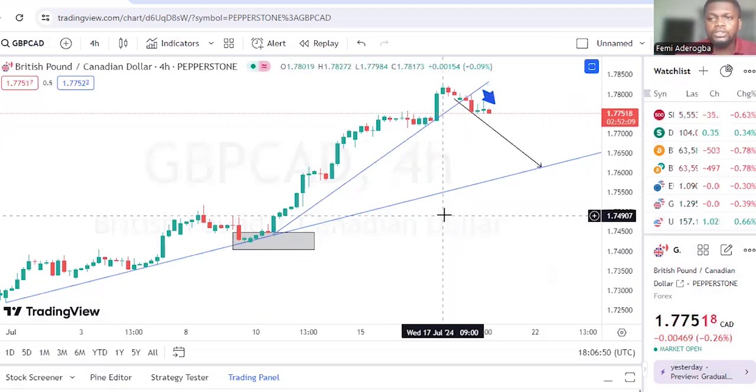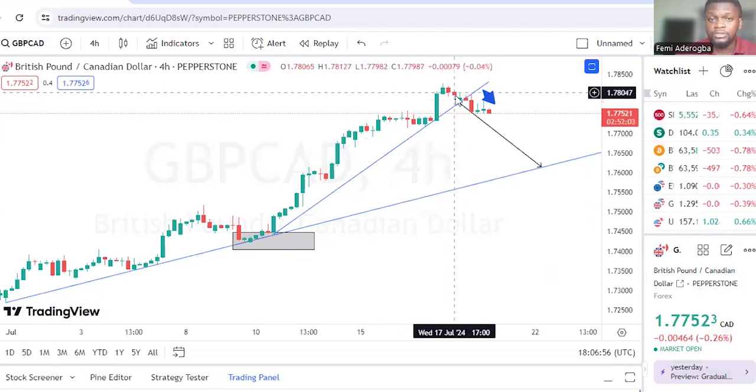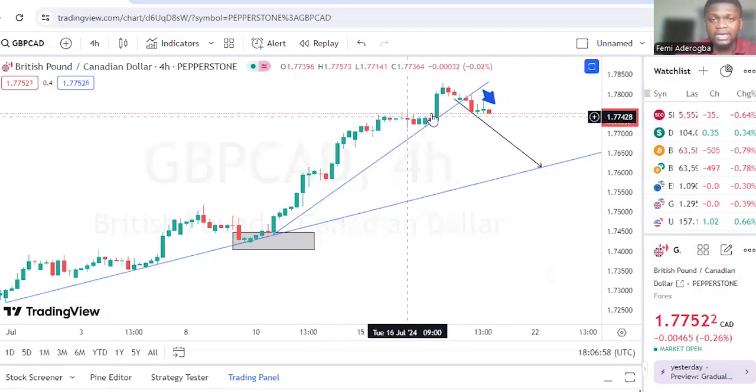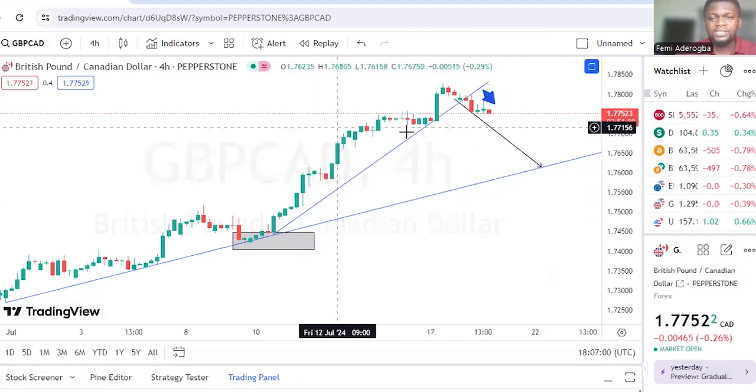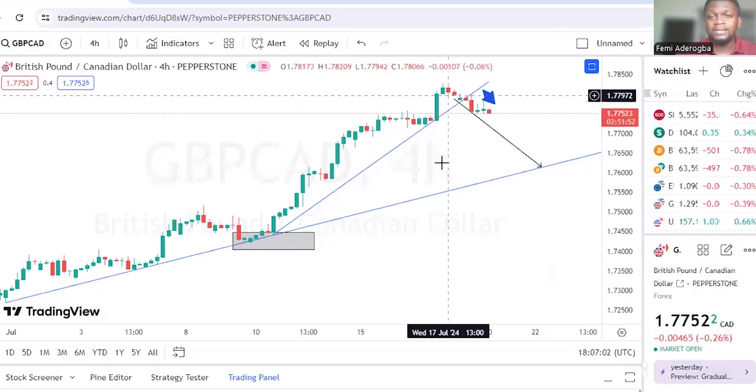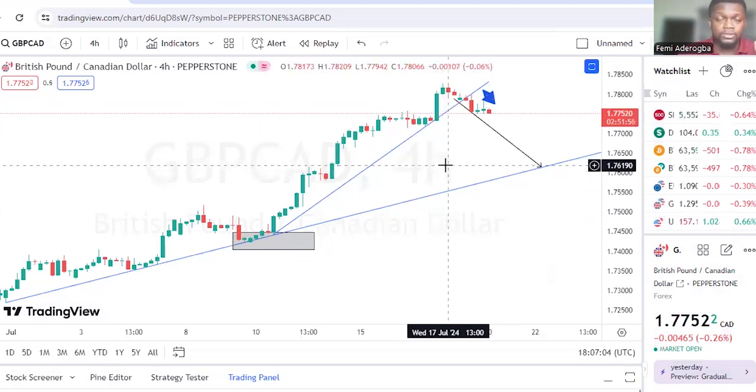Now, the next thing for you to consider is price action, which is the study of the candlestick. Every candlestick here, there are some special candlesticks that you must pay attention to and must determine your decision. Whatsoever is there determines whether you are going to continue with your decision or not.